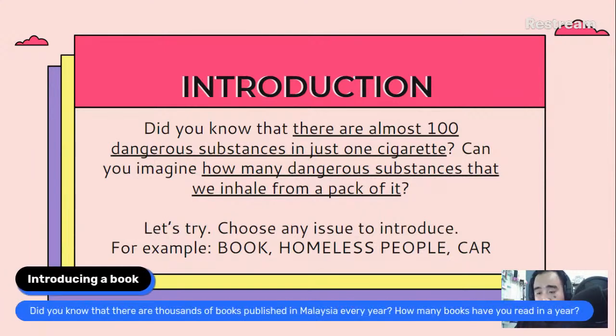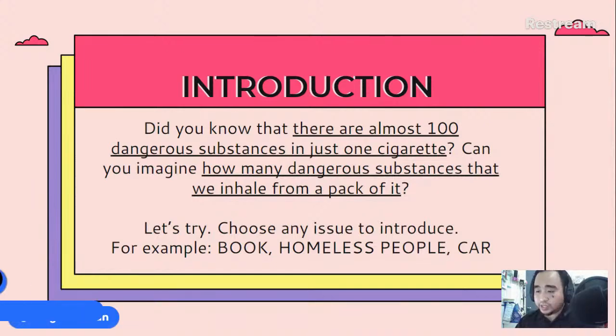For example, introducing a book. Did you know that there are thousands of books published in Malaysia every year? How many books have you read in a year? It can be a question like this, just to engage, to make people interested to read more. Okay, so whether they answer yes on their own or no, they are going to continue reading because you present your topic in such an engaging way.